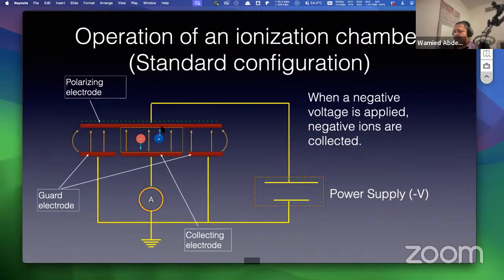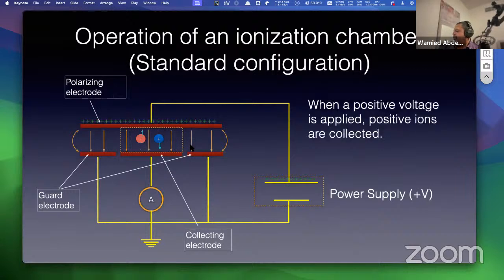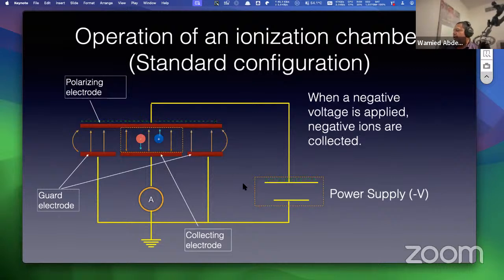So essentially, if we repeat the same irradiation, and in one setup we put this at positive voltage, the charge collected here is going to be a positive charge. So the signal will be plus something coulomb or nanocoulomb. And then if we reverse the polarity, the charge that is going to land at this electrode will be the negative charges. So the signal will have a negative sign, minus something coulomb. Okay? So you can see the difference between the two.